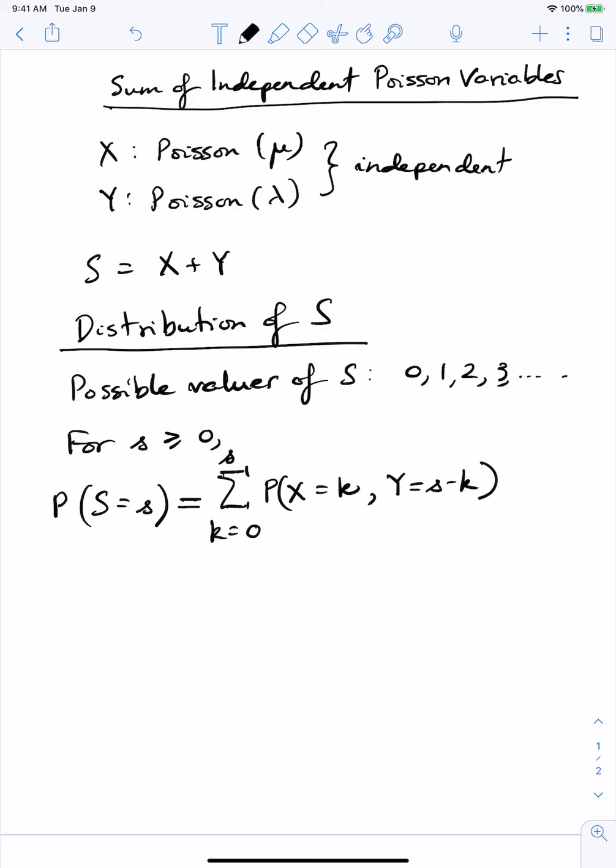Now you have the chance of an intersection that you're summing, and happily for us, X and Y are independent random variables. So the chance of that intersection is just the product of the unconditional chances.